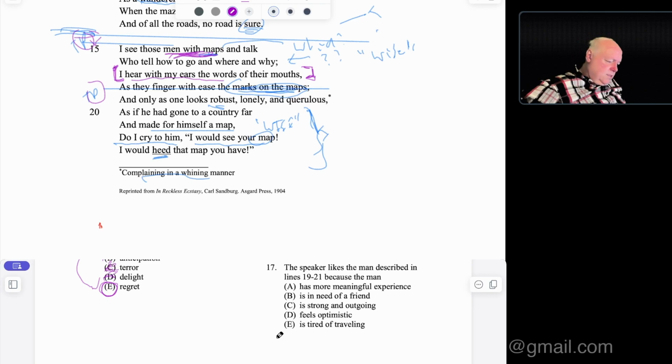And then finally, the 17th question talks about 19 through 21. So 19, 20, and 21. The speaker likes the man described in there because the man what? So, and only as one looks robust, lonely, and querulous, as if he had gone to a country far and made himself a map.